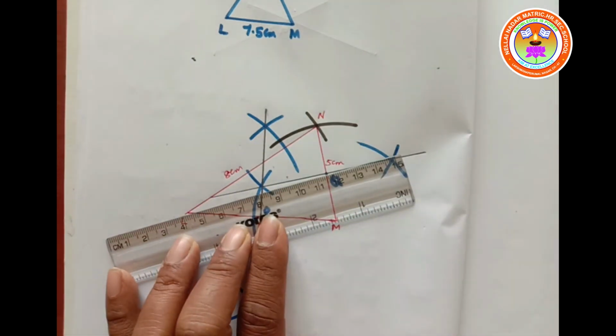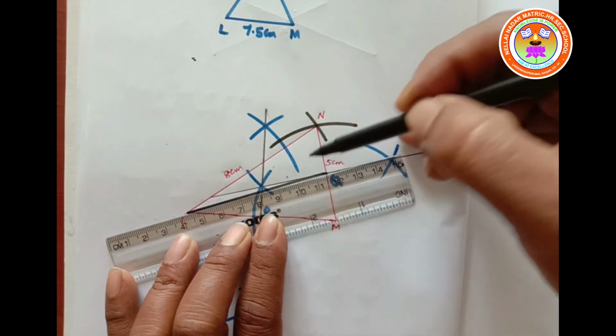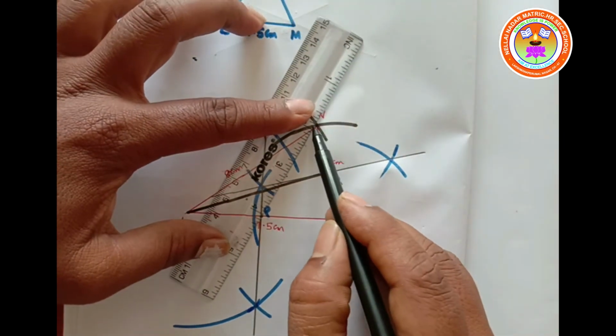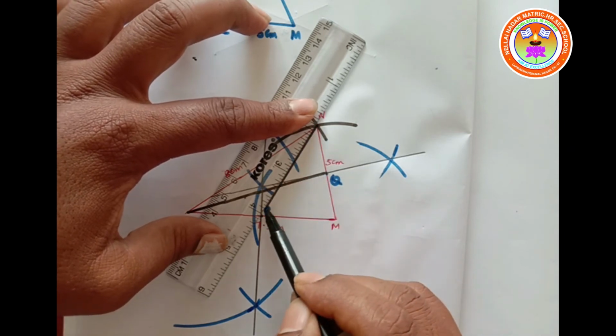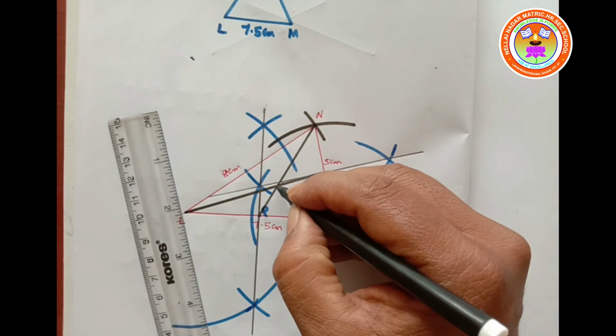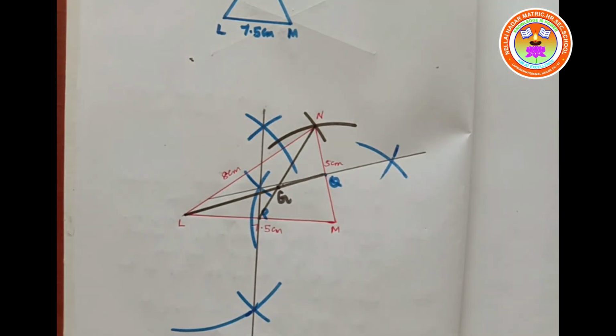Then PN. It's clear, children? Now this point is what? G. This is the centroid of the given triangle.